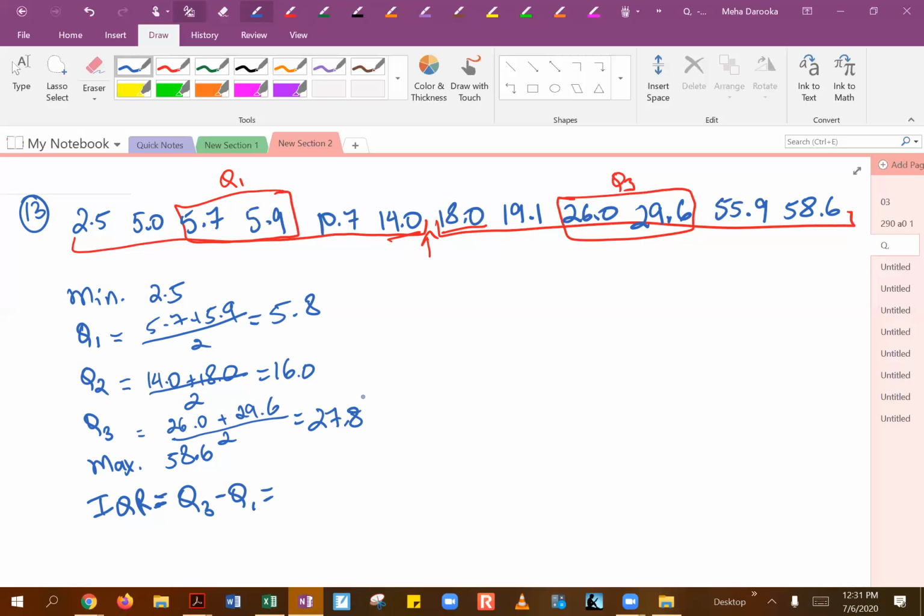Okay, Jesus. So you've got your 5-number summary now. For interquartile range, we would be taking quartile 3, which is 27.8, and subtracting quartile 1, which is 5.8, and what will that come out to be? So what's the IQR?